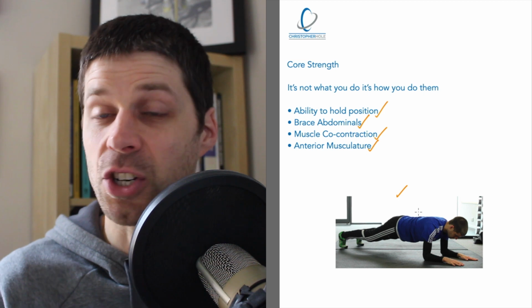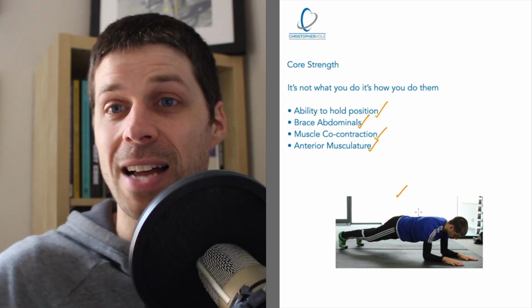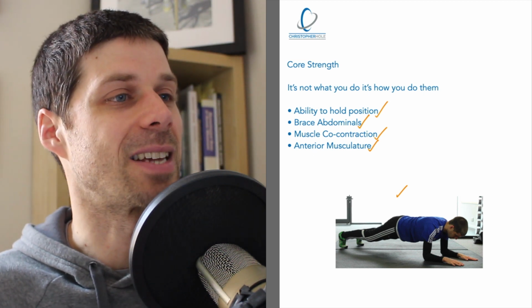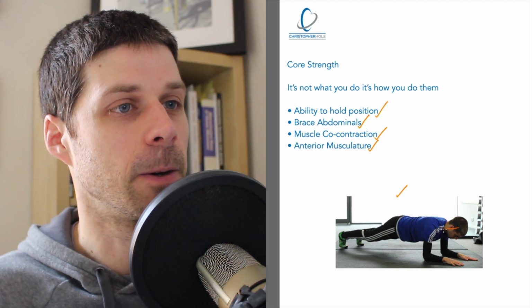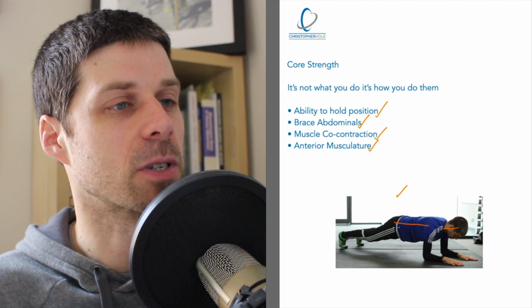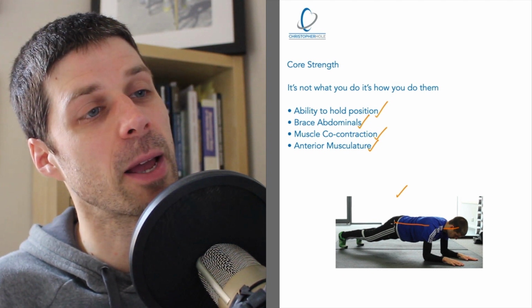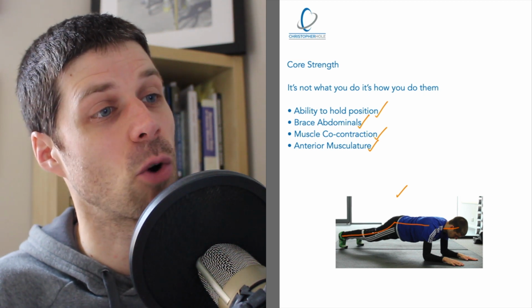So I get them into the position and they hold it. What we then do is write that down and move on to the next test. So what we've got is a very simple plank, the ability to hold the position, so the head's in line, the shoulder and the hips in line. You could see I could go down a little bit, so I could get the shoulders in line.